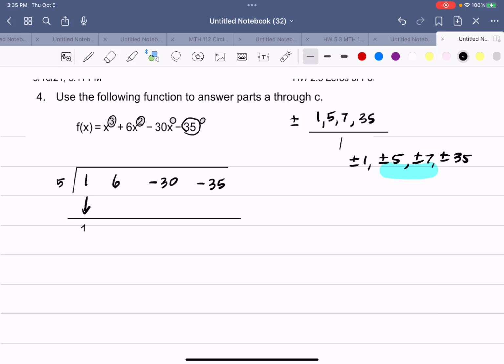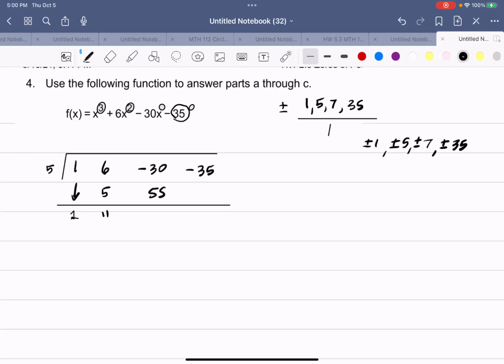So drop your 1. 1 times 5 is 5. Add, I get 11. 5 times 11 is 55. Add negative 30 and 55 to get 25. 5 times 25 is 125. And minus 35 plus 125 is 90. So f of 5 is 90.